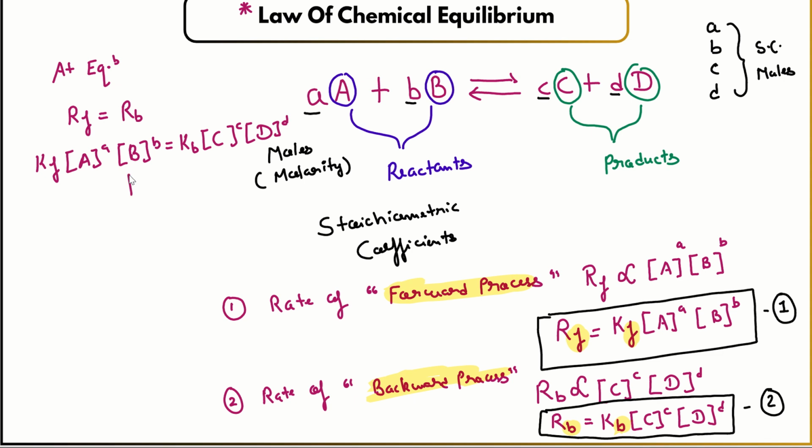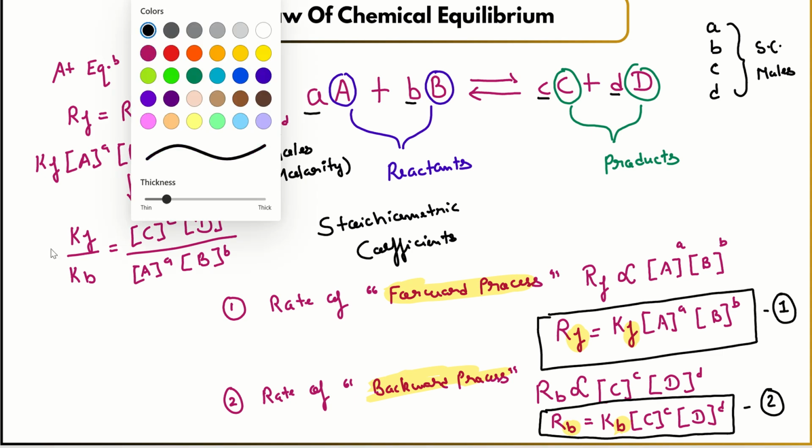Now guys, from this equation we can write Kf upon Kb is equal to [C]^c [D]^d upon [A]^a [B]^b.